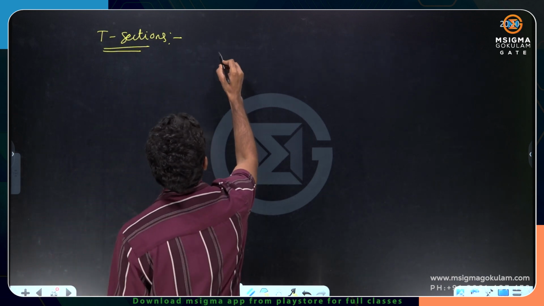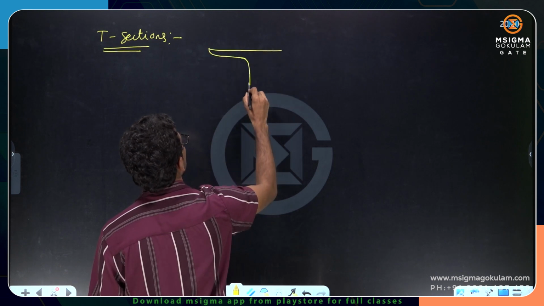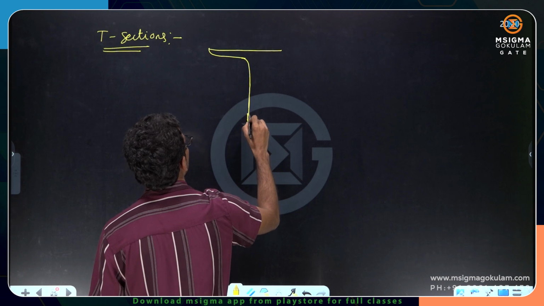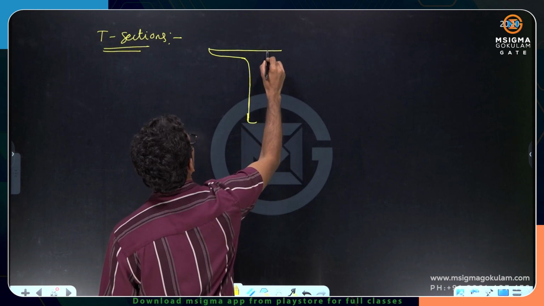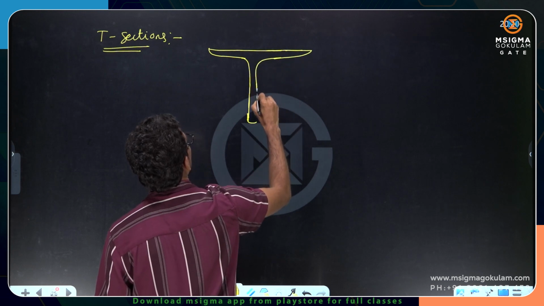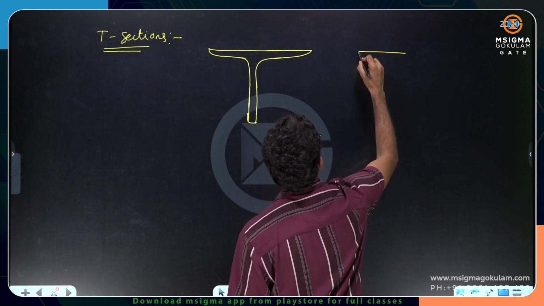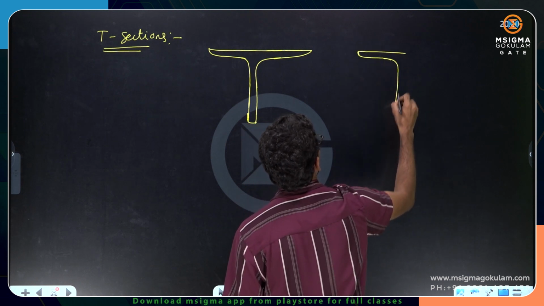If I want to get T section, for example, this is the T section, look at here carefully. If I want to get this T section, how to get it? Very simple thing is two angle sections, that's all. You take one angle section, this is the one angle section I am having.